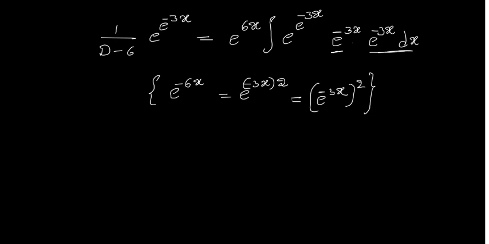Again, we'll have the same assumption, that u equals e power minus 3x. You know what du is? Du is nothing but minus 3 into e power minus 3x into dx. This is what du is.